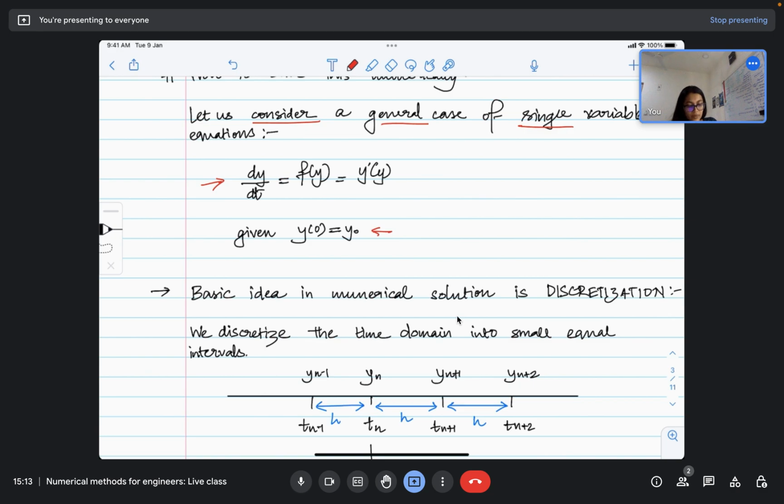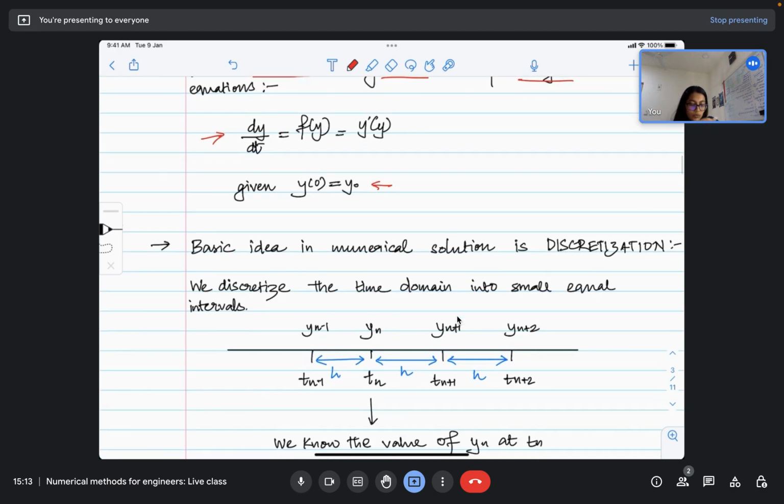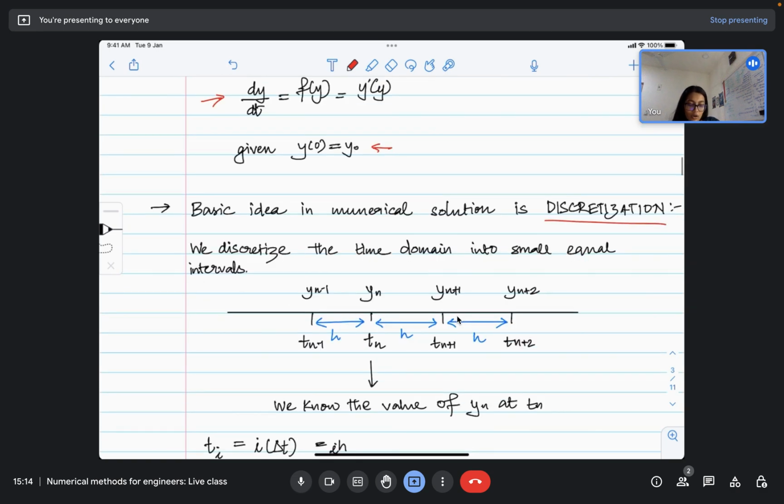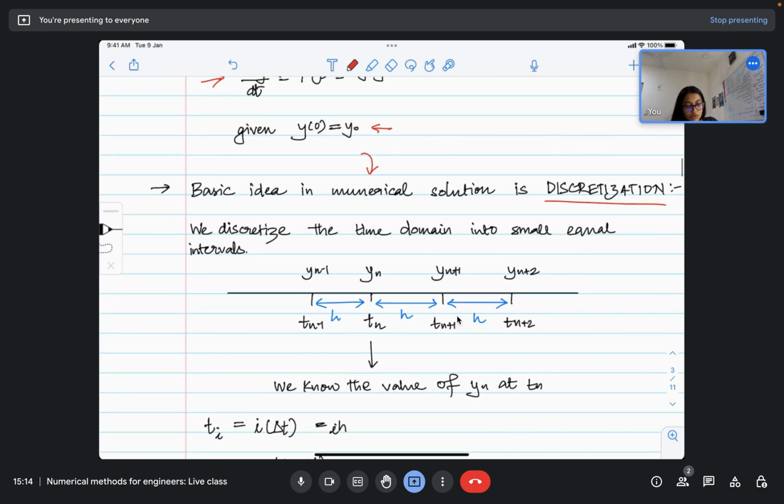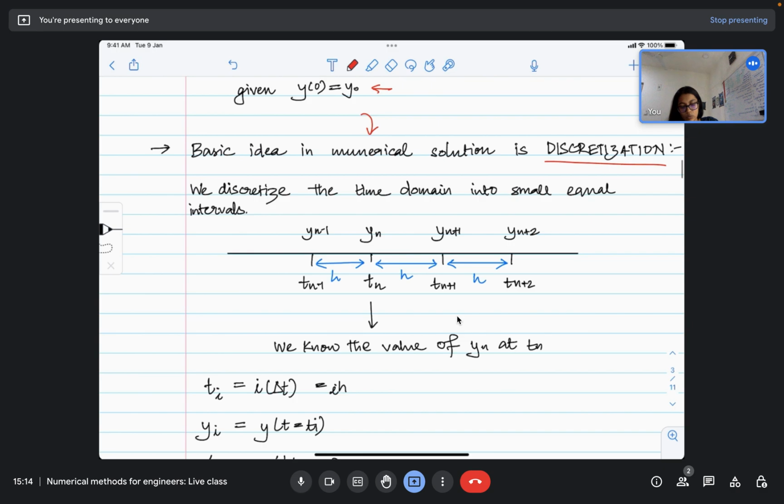And to move ahead, we need to have a recap of the concept that we learned in our previous classes known as discretization. So the basic idea of numerical methods is to discretize domains. Here, as we are seeing y as a function of time, we will go ahead and discretize the time domain.